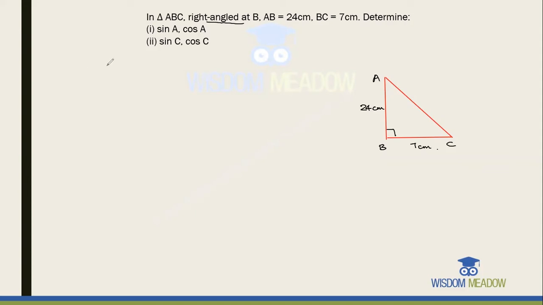So angle B is given as 90 degree, that's given. So here I can use Pythagoras theorem, that is AC square is going to be AB square plus BC square.